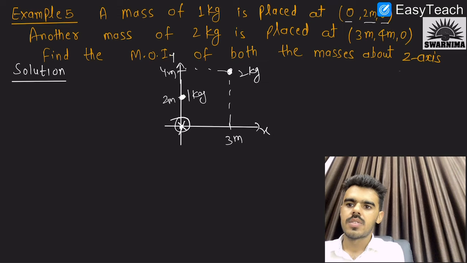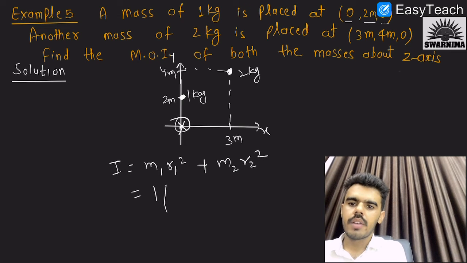z-axis. So the z-axis is perpendicular to the xy plane, and I is equal to m1 r1 square plus m2 r2 square. Here m1 is 1, and r1 means the perpendicular distance from the z-axis of the mass of 1 kilogram.